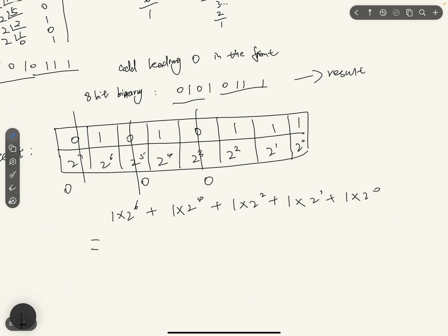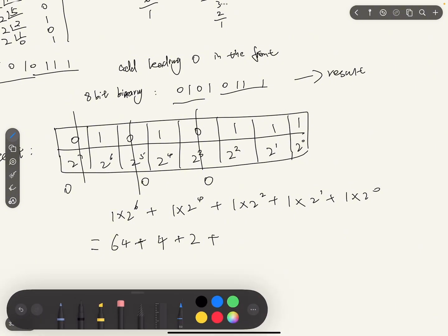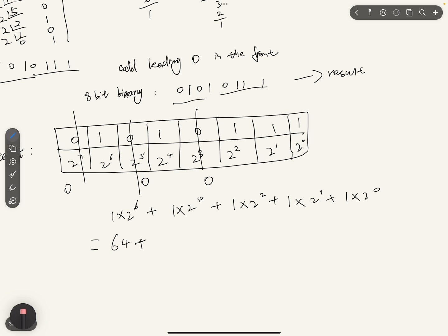So if we get this number, that will be 64 plus 4 plus 2 plus, that would be a 16. Do we miss 16? Yeah, that's 16. Let's do it again.